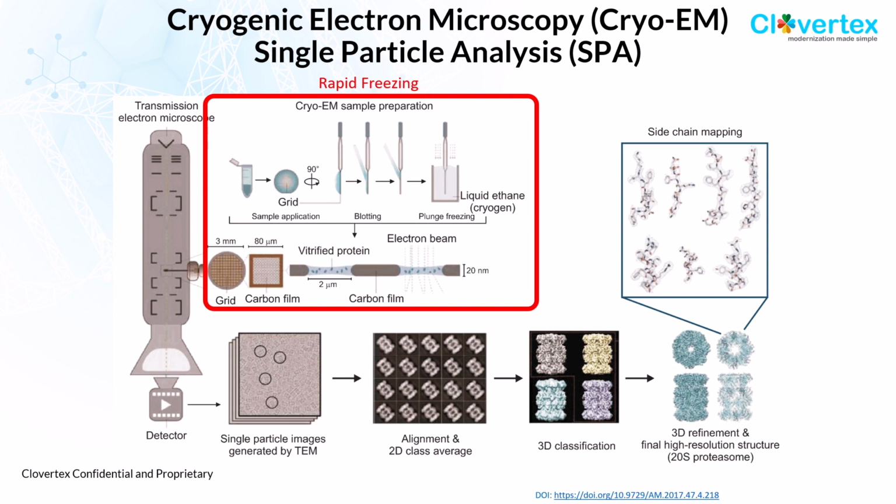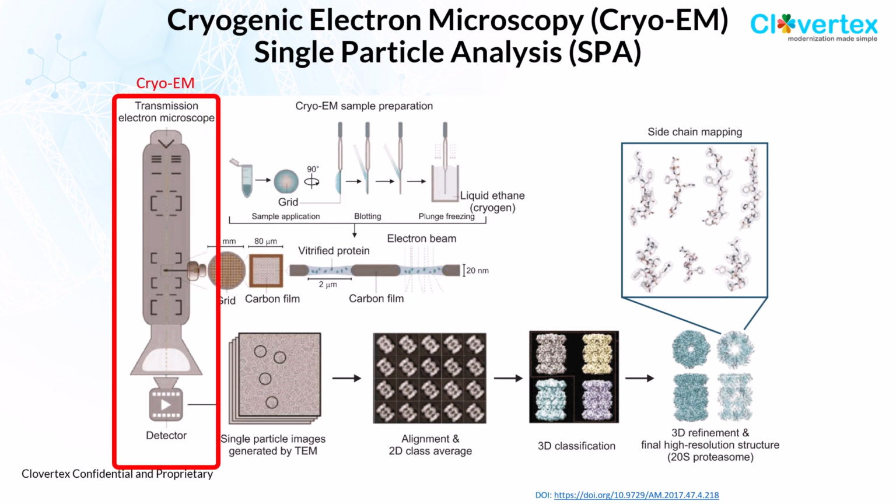As you can see from the top left, there is a solution which contains a bunch of the same kind of protein. This is what we need as the starting point. We apply a drop to the grid and plunge it into liquid ethane for rapid freezing so that the water won't be crystallized, but vitrified, meaning a glass-like state.